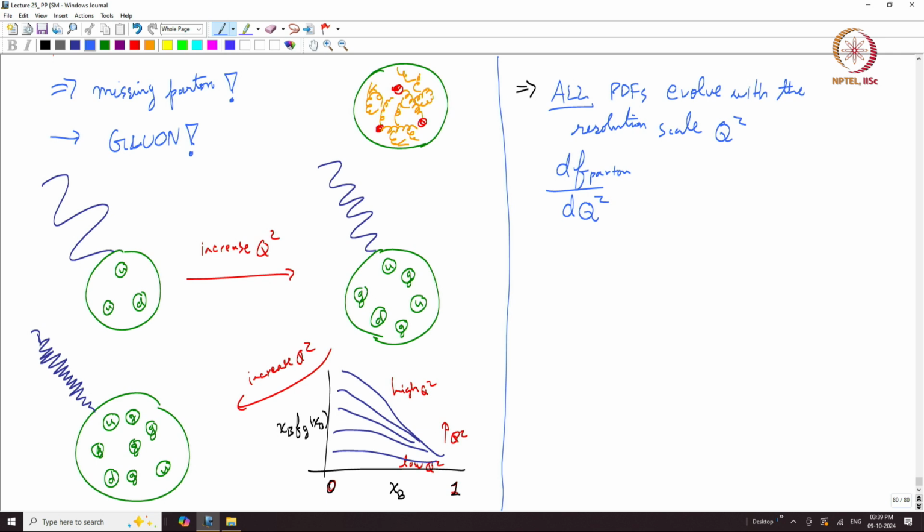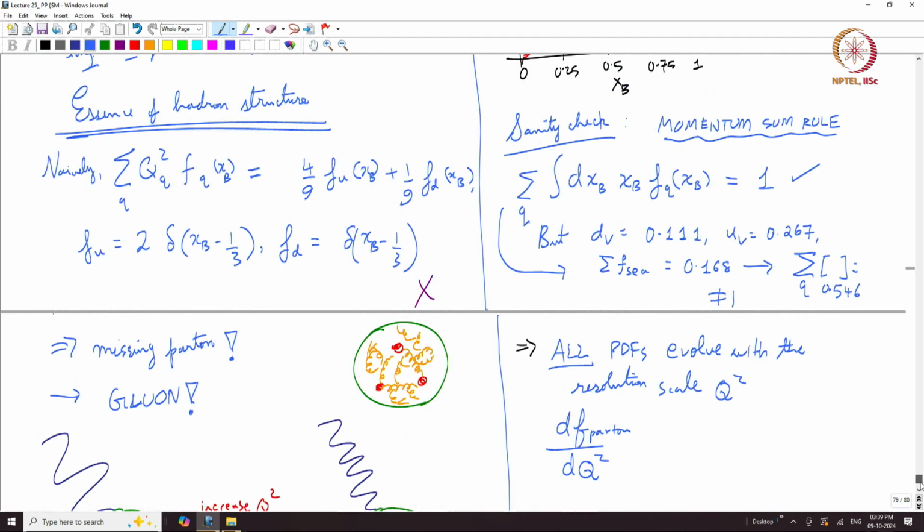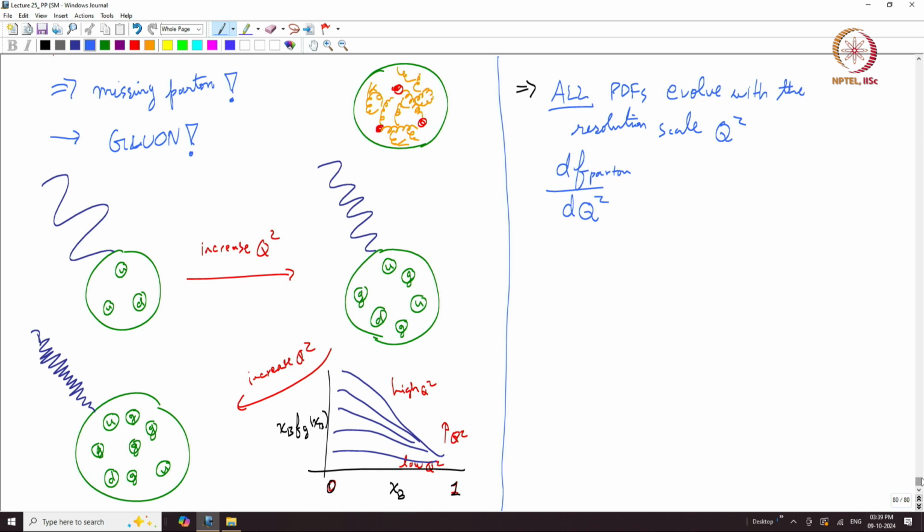Okay. So, we are coming to probably the last lesson here, which is that in deep inelastic scattering, I will just wrap up deep inelastic scattering here, which is that these F's, the PDFs themselves, they are themselves not calculable from first principles.